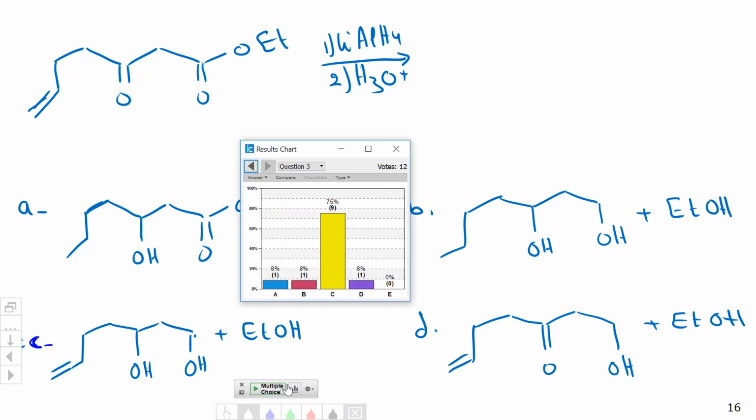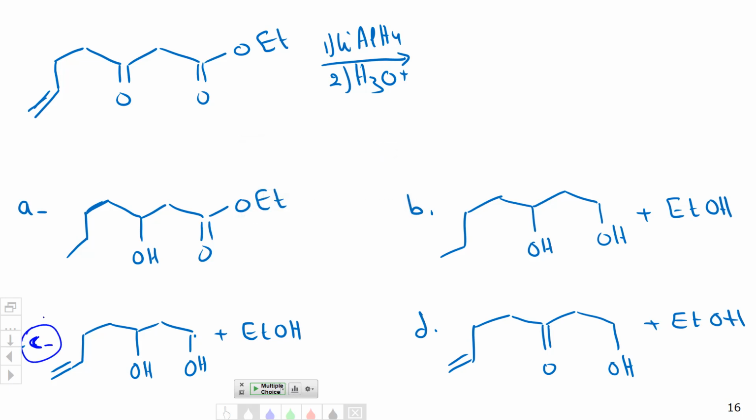And the most popular answer is C. C is the right answer. Very good. Again, here we have a couple of functional groups in the same molecule, and we have to figure out which one will react and which one will not. A double bond, C double bond C, will not be affected by either sodium borohydride or lithium aluminum hydride. The reduction can take place with H2 and platinum, H2 palladium, H2 catalytic, which is not the case here.